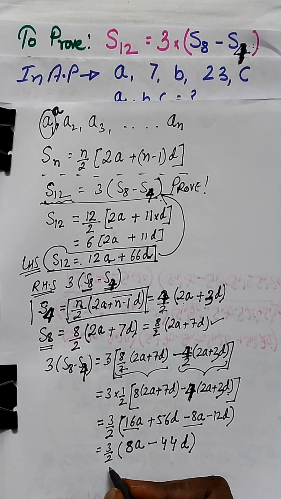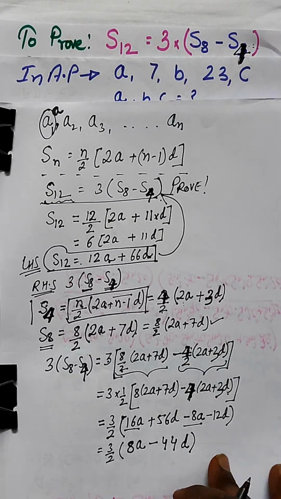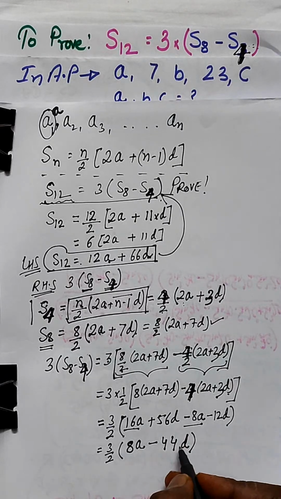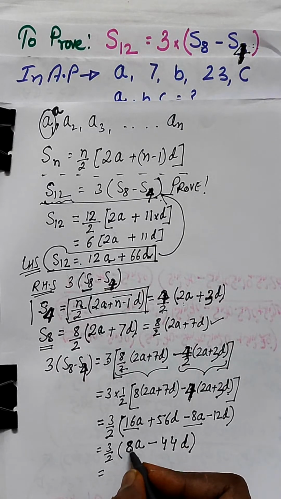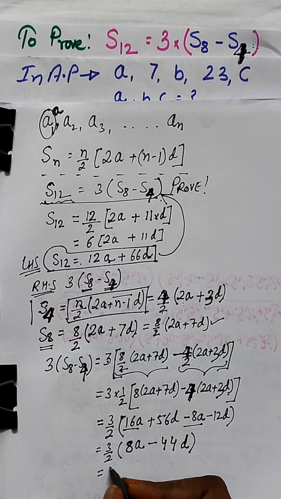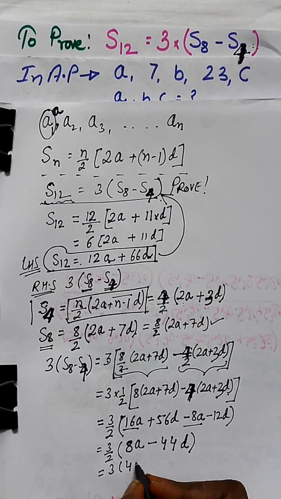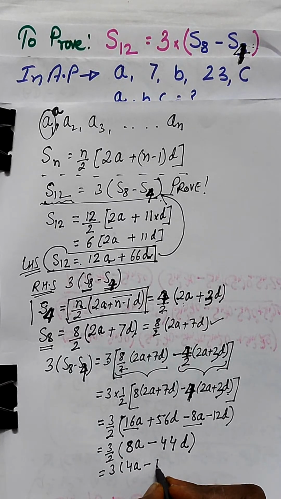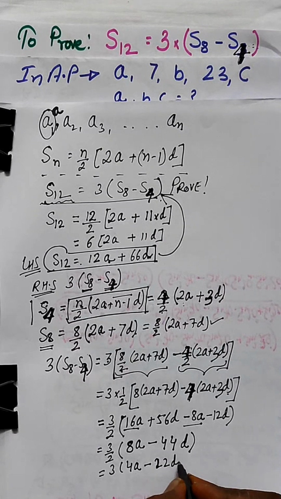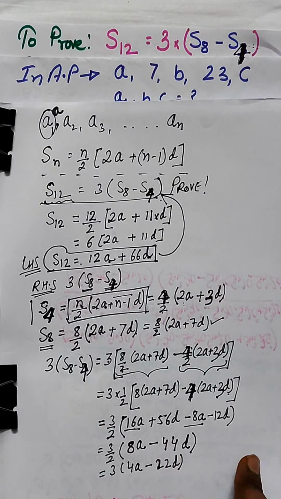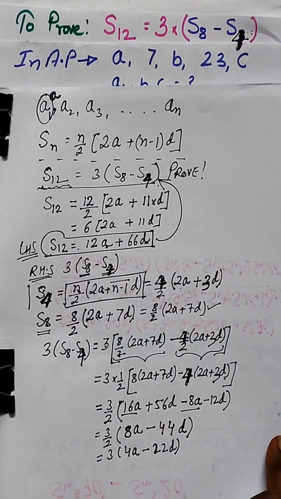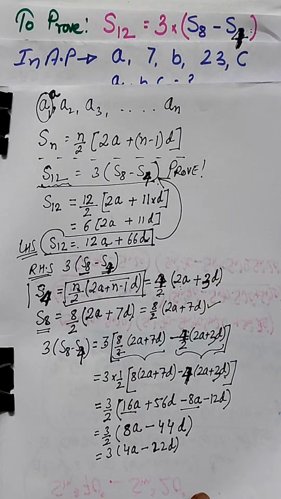Now you can see 2 in the denominator. You can cut this: 8 and 44 can be divided by 2. So we are getting 3 times (4a plus 22d).